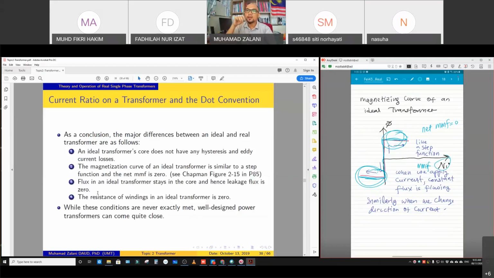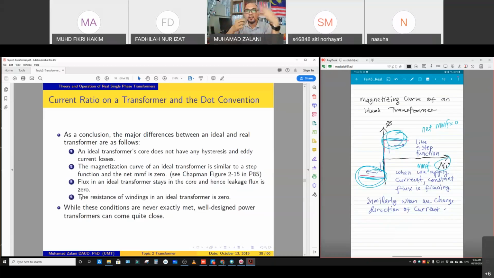And then number 4, what we assume in the ideal transformer is that the resistance of the winding is 0. So we don't consider the resistance of, for example, the copper wire we use to do the windings. Basically, inside the copper wire, in real world, in actual condition, it should have some resistance in it.